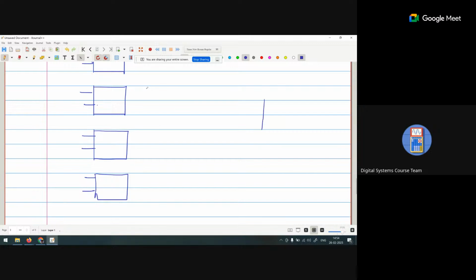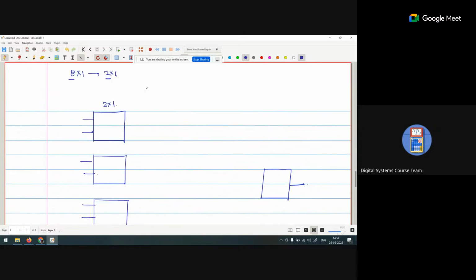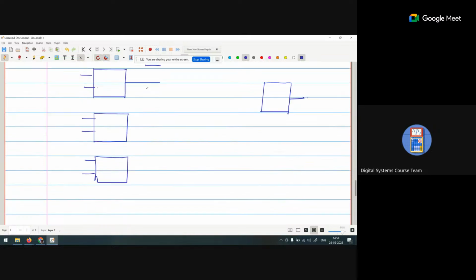In the output part, we require 1 line, so we are getting 1 from each. From here the first output is coming, from here the second output, from here the third output, and from here the fourth output is coming.